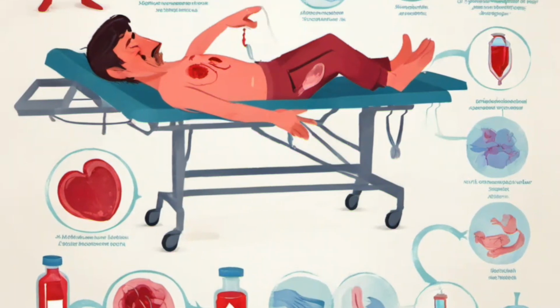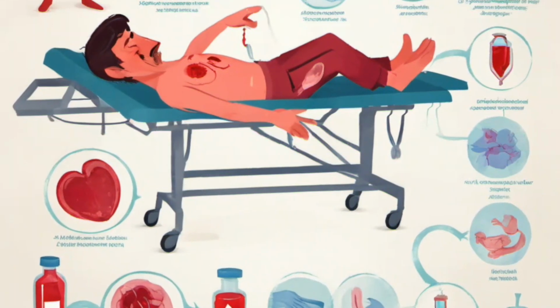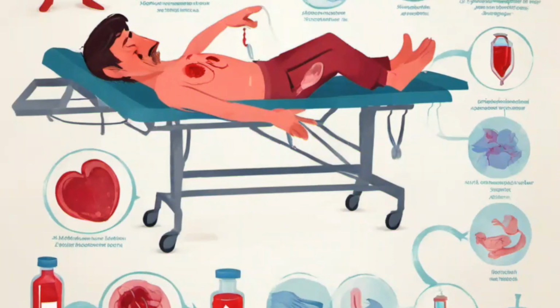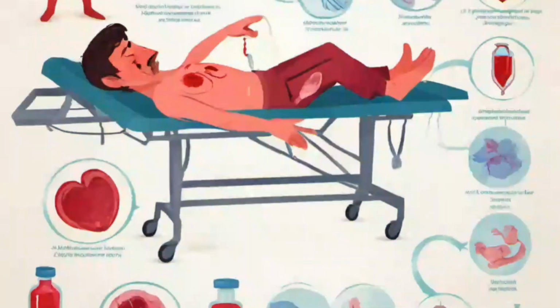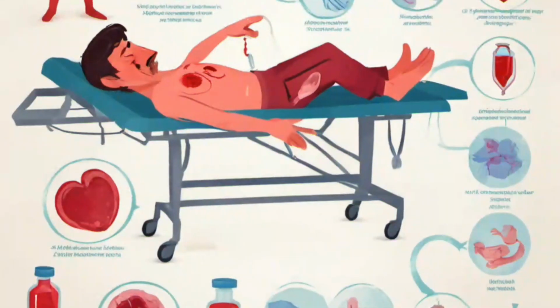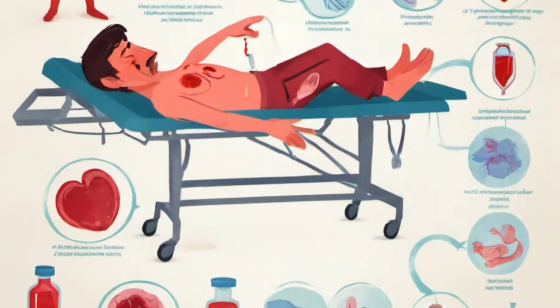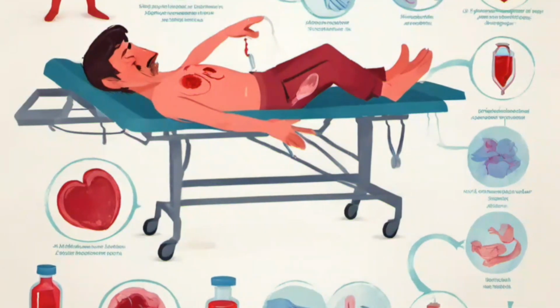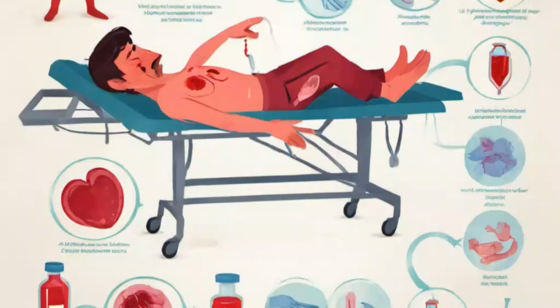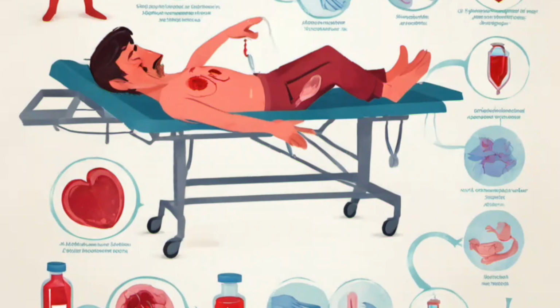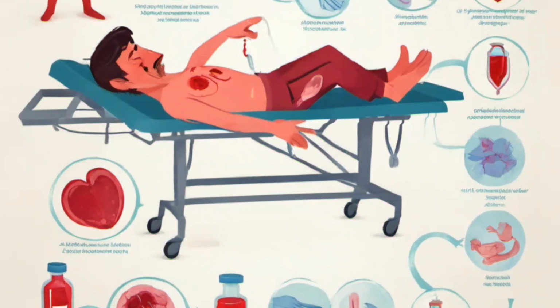Surgery and organ transplants. Blood transfusion is often required during major surgical procedures and organ transplants to replace blood loss and support recovery. Medical emergencies. In critical situations, such as severe trauma, sepsis, or acute gastrointestinal bleeding, immediate blood transfusion may be necessary to stabilize the patient.